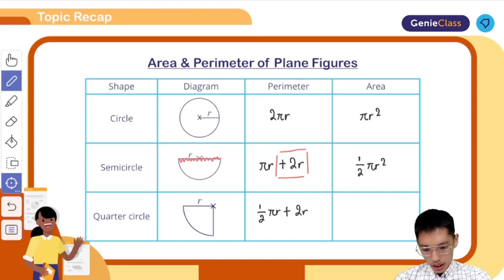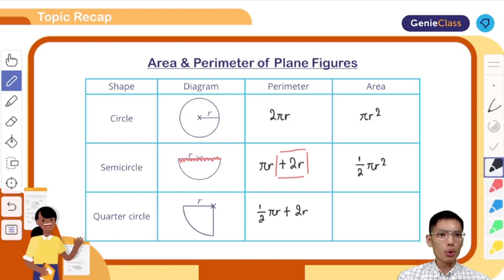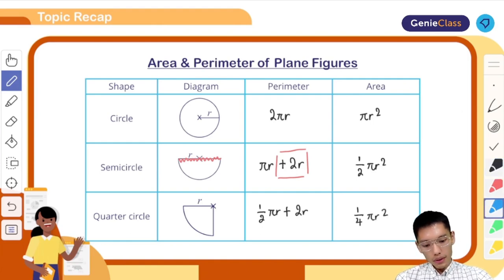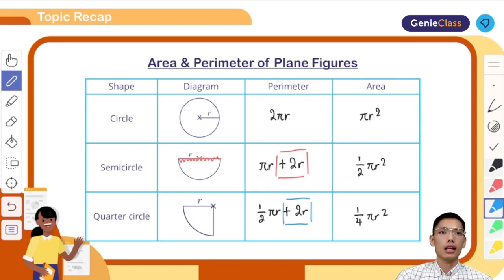Area is going to get cut into half again, which is then 1/4 pi r squared. So the area is not really of an issue. You have to take note of my quarter circle with my 2r, if my whole circle is given. So very important to take note over here.